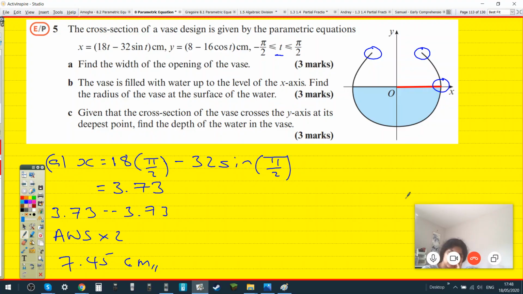Y is equal to 0. I believe so. But wouldn't that whole line be y is equal to 0? So how would you know? Y is equal to 0 only at that point and at that point. The graph is this black line here.